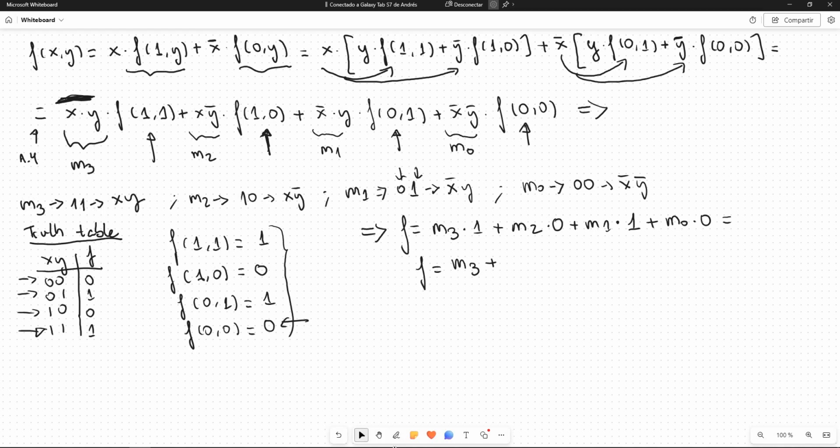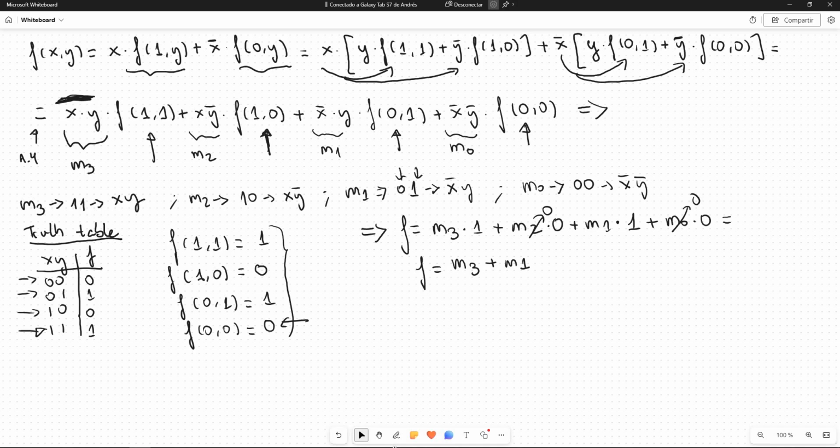You can check this in deduction and theorems. It's quite straightforward. So this is 0 and this is 0. So finally the function is the min term 3 and the min term 1.